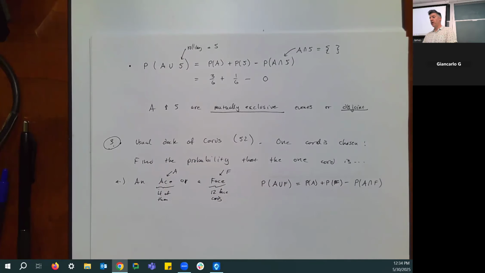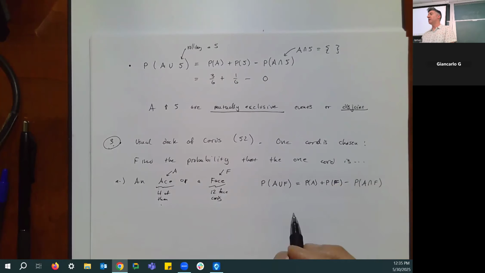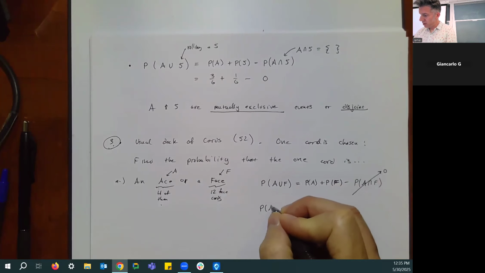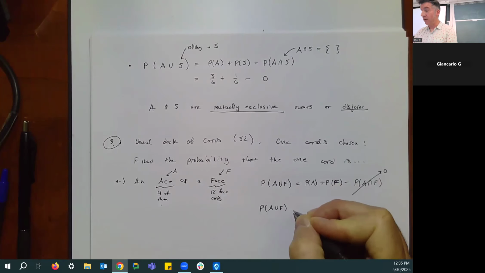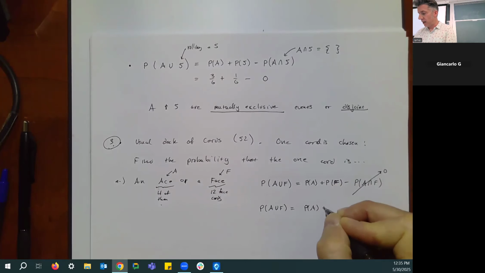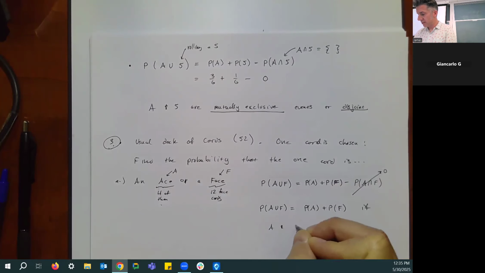However, we know that being an ace or being a face are mutually exclusive. You cannot be an ace and a king at the same time, at least not in the deck of cards. So the probability of the union is just the probabilities added together if they are mutually exclusive, which they are in this case.